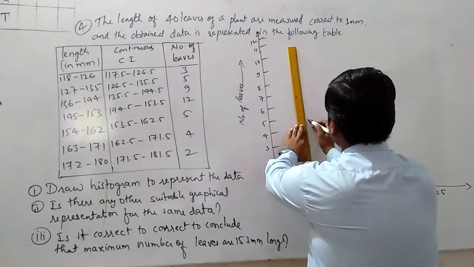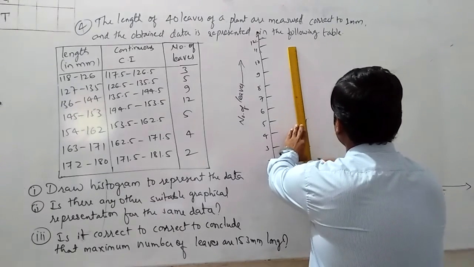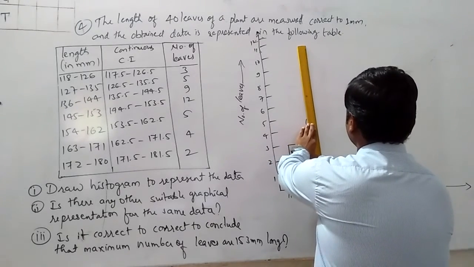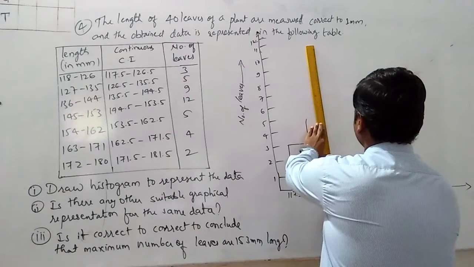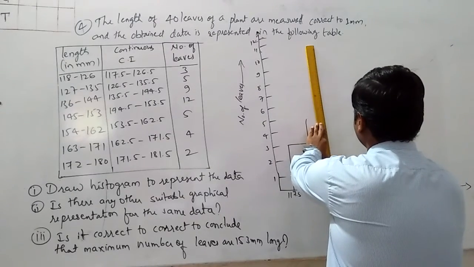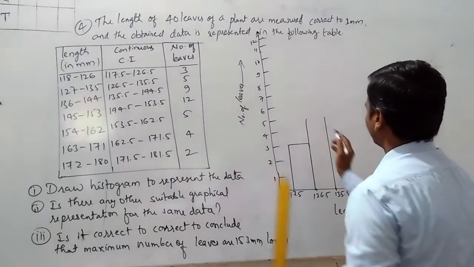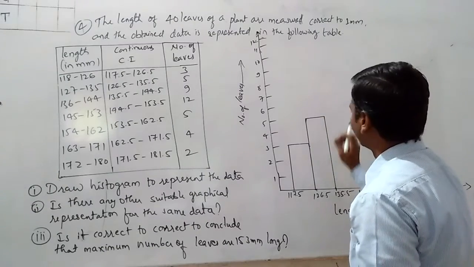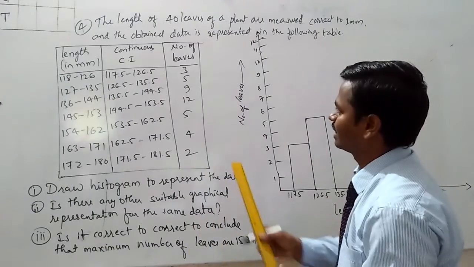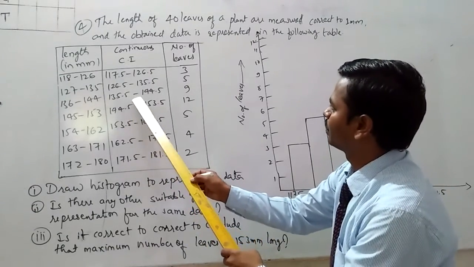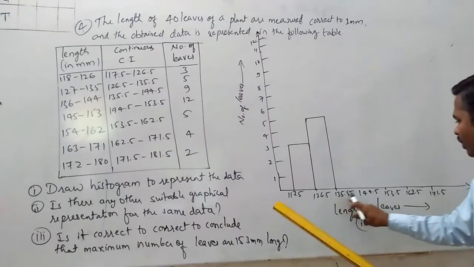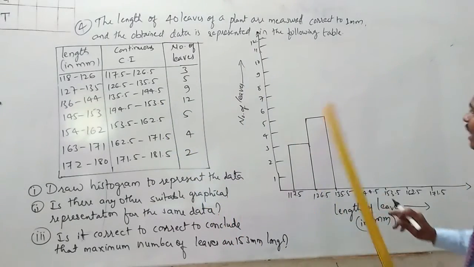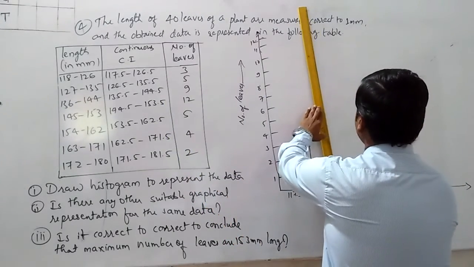Extend this line to 5 and join this. Next, what is here? 135.5 to 144.5. How much is given? 9 is given. Extend up to 9 here.